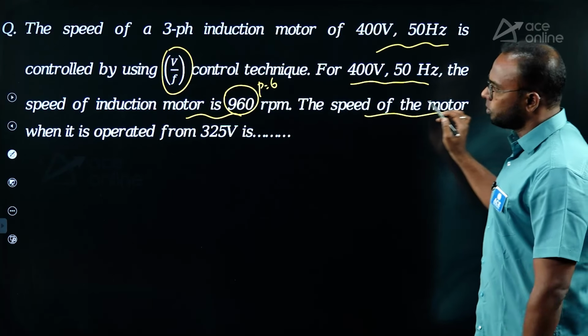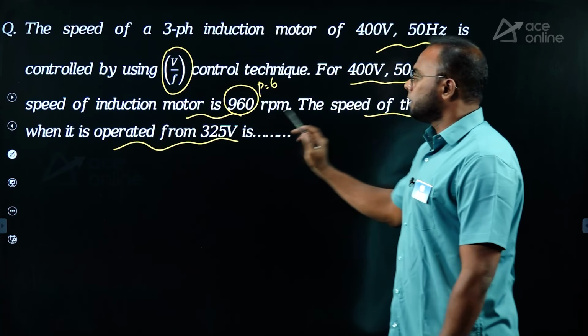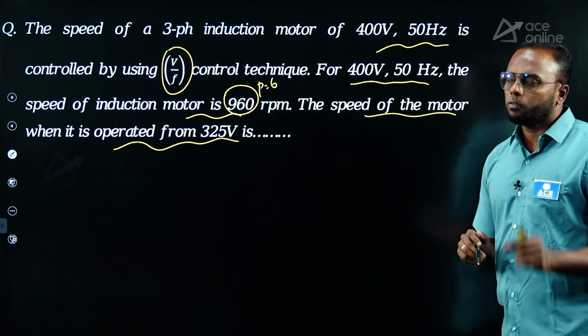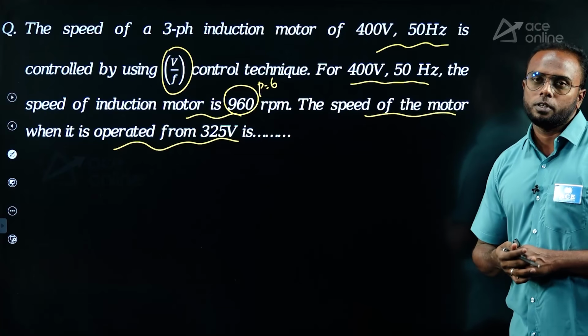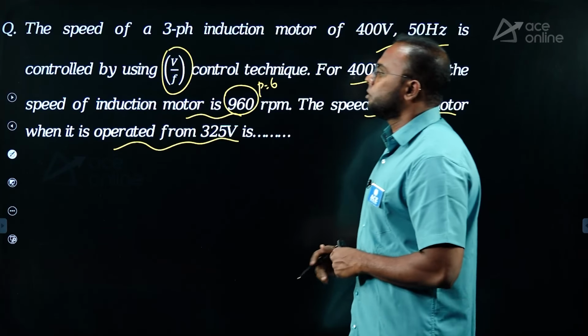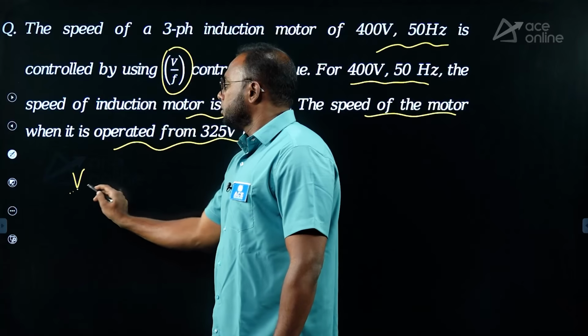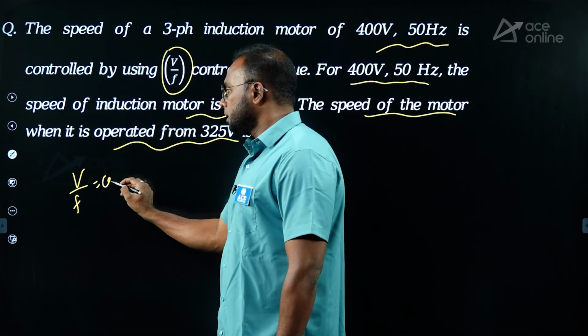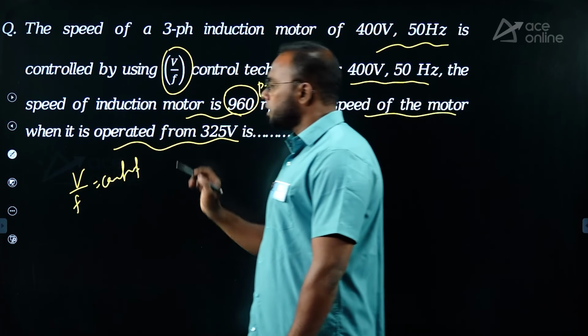What is the speed of the motor when it is operated from 325 volts? Frequency is not given, so you have to find the frequency accordingly, because the V by F ratio is constant. The variable voltage variable frequency technique is nothing but keeping the V by F ratio constant.